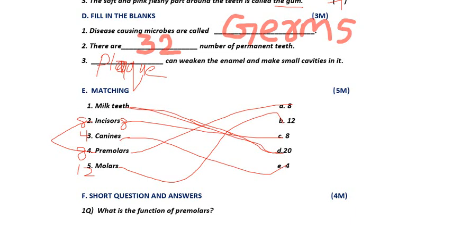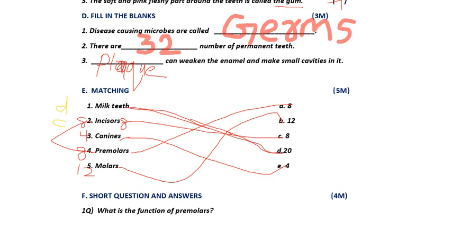Check once. First one, milk teeth, 20 I told. So I will write with another pen. So milk teeth are how many? 20. So first answer is D. Second one is incisors. I told 8. C or A, you can write anything, because near option C also 8 is there, and option A also 8 is there.